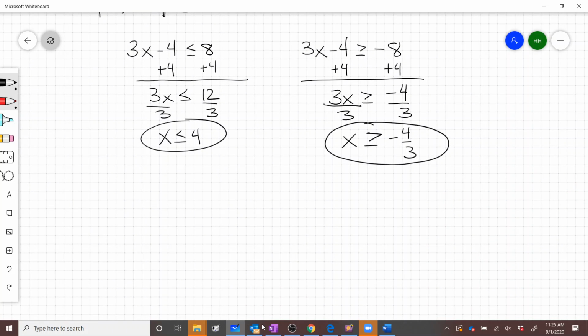So then when you graph, the negative 4/3, it's over here. It's to the left of 0 on the number line. And then you got your 4. So on the 4, we're closed, agreed? And we are shaded to the left.